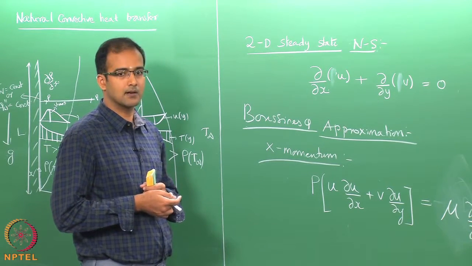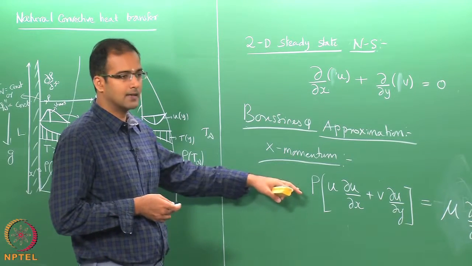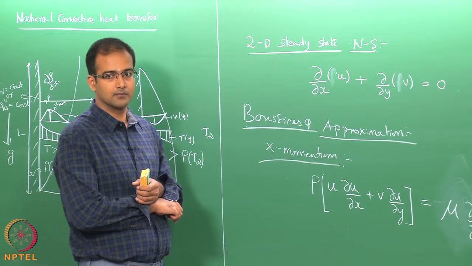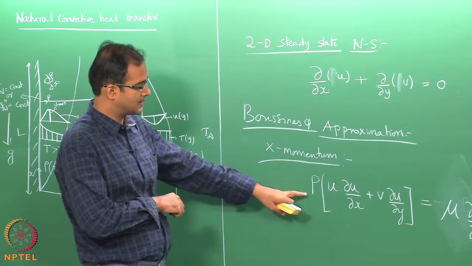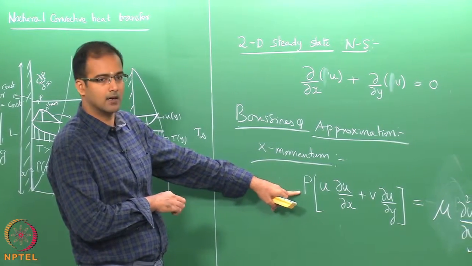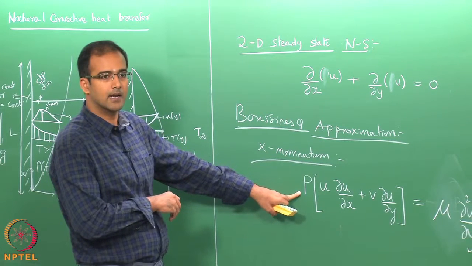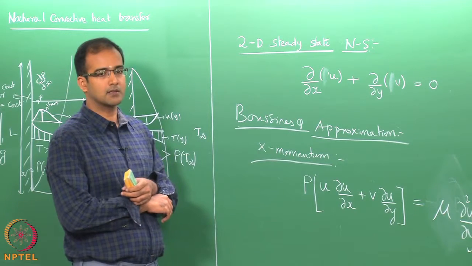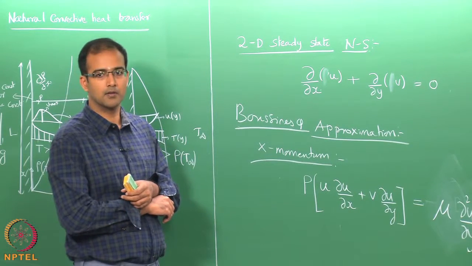So, this is now what we call the momentum equation invoking the Boussinesq approximation. The Boussinesq approximation says that the density can be treated as a constant in the advection part, whereas you invoke that as a function of temperature in the body force term.